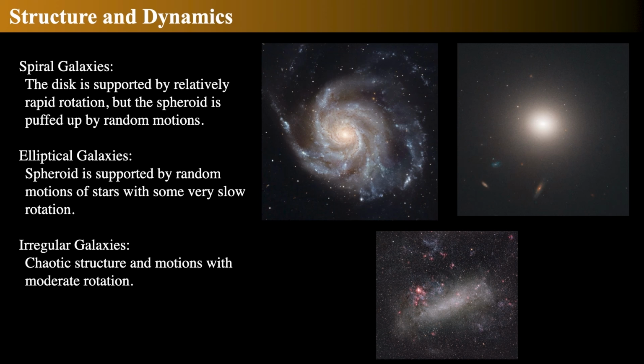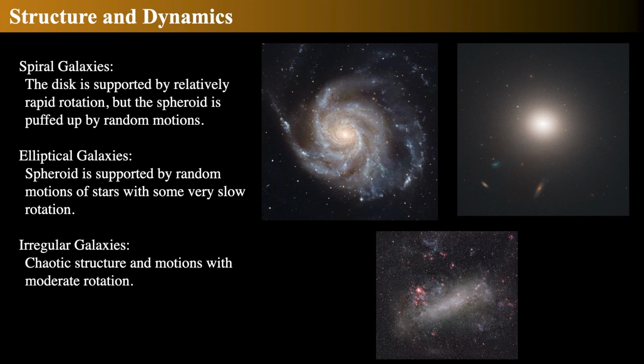So the structure and nature of galaxies: spirals have a disk, they have a spheroidal component, they have rapid rotation, and the spheroid is puffed up because of the random motions inside the bulge. Elliptical galaxies, though, are only spheroid. They're only old stars. There's no gas or dust, and spirals do have lots of gas and dust, which we see with the rotation. And all of the rotation of ellipticals is mostly random.